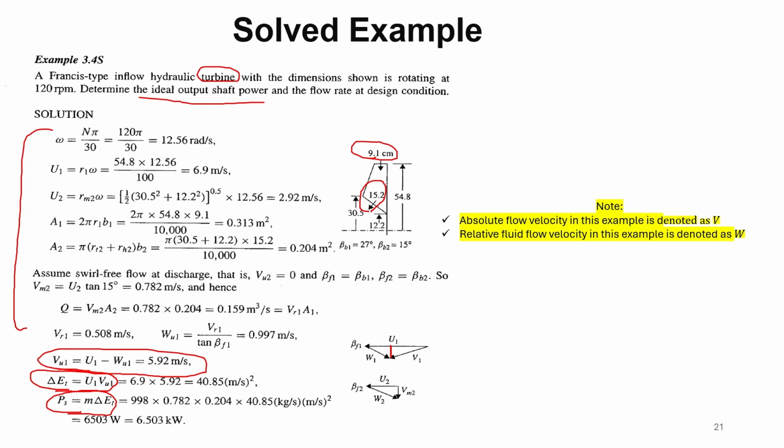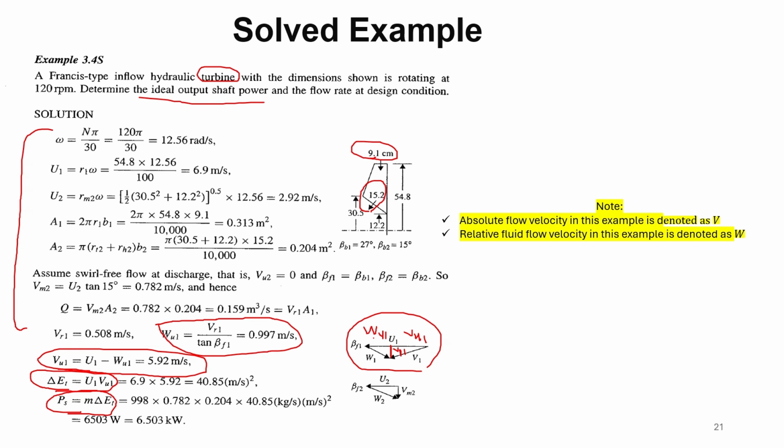Now we have here for example V U1, but here we have W U1. Think about that. And then we have the radial flow velocity at this guy. So from this relationship you can derive this expression.